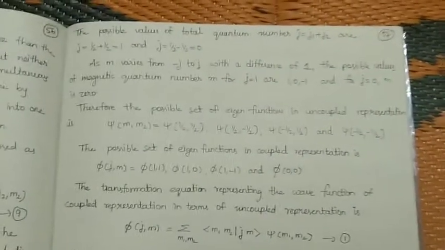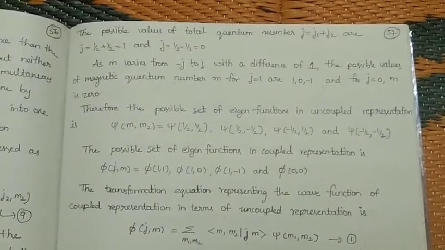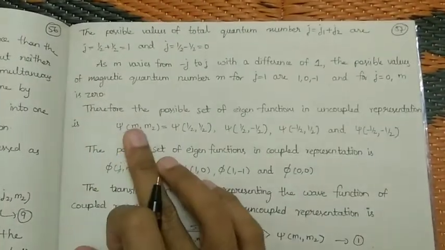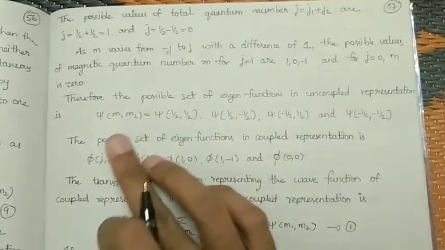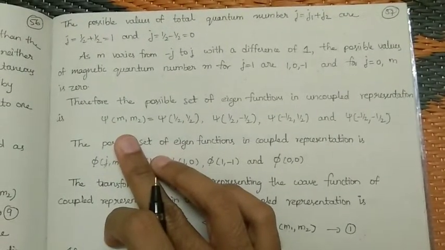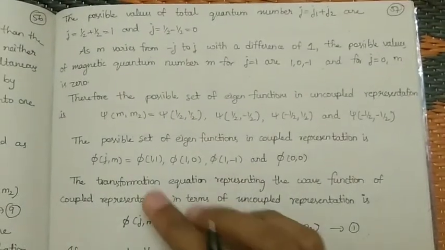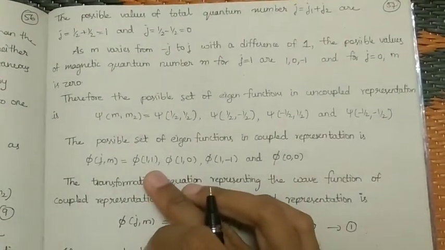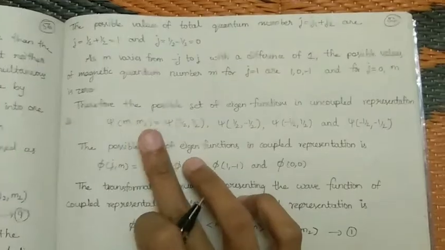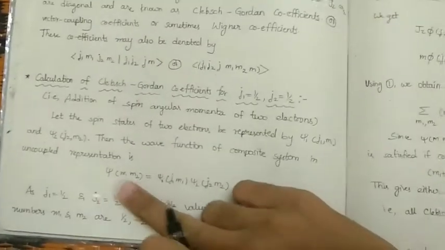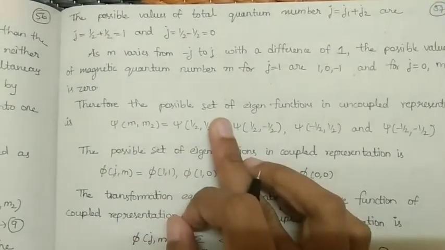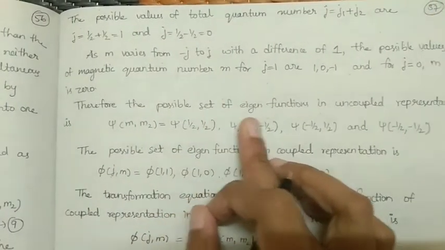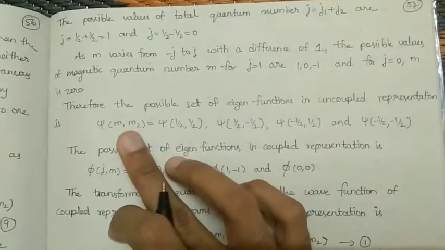This is the main thing we need to know first. Therefore the possible set of eigenfunctions in uncoupled representation is xi of m1, m2.